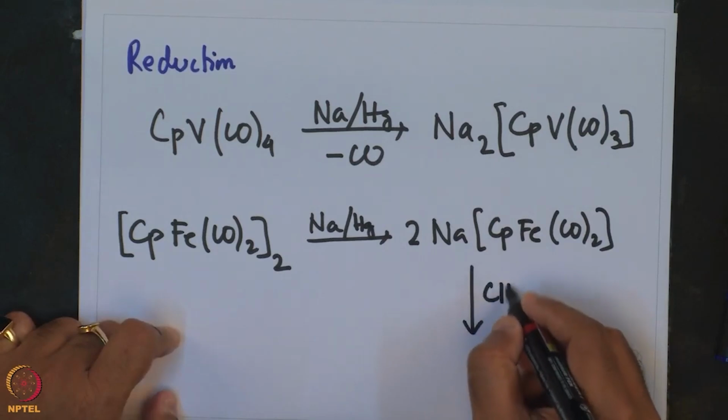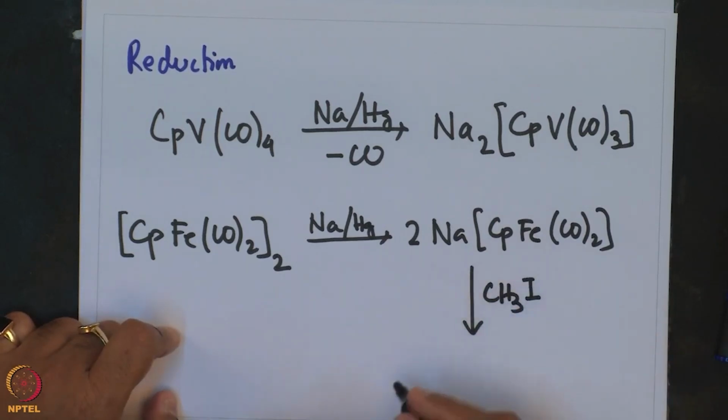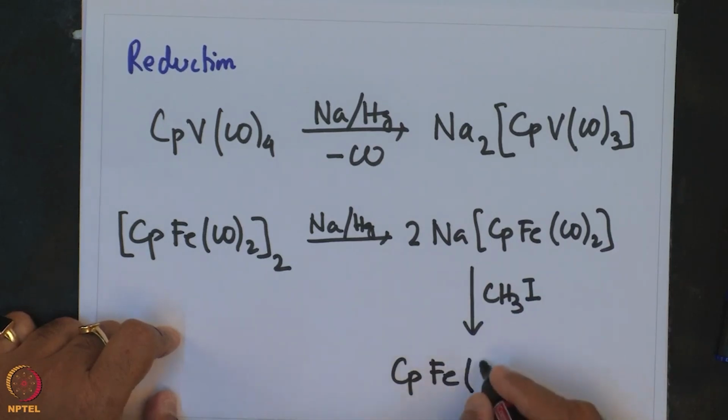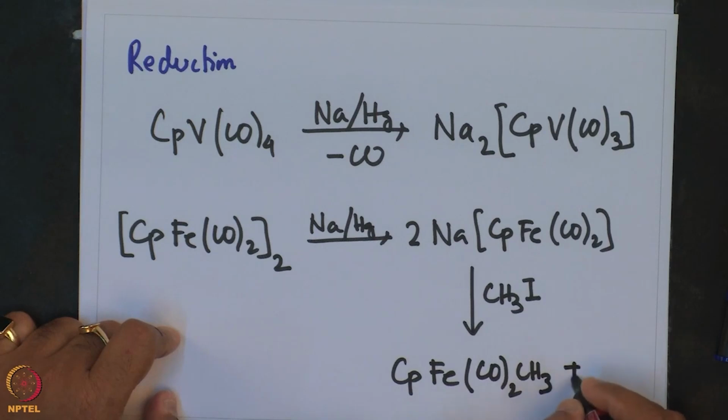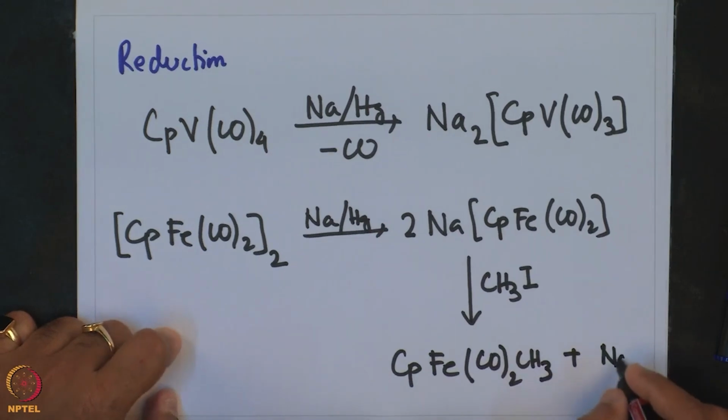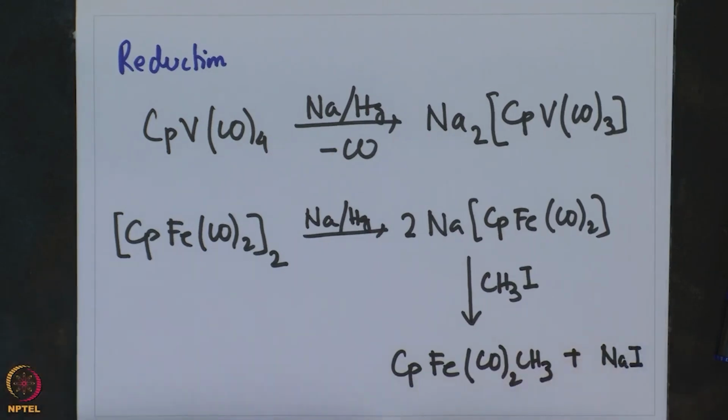Upon reaction with methyl iodide, this gives the methyl derivative Cp Fe(CO)2CH3 along with the formation of sodium iodide.